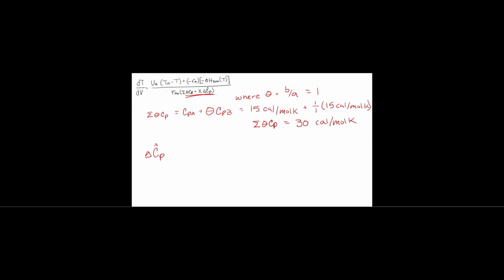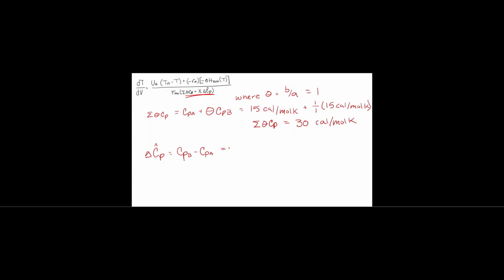So our delta Cp hat is going to be equal to Cpb minus Cpa. We're only looking at the Cp of B and A because A and B are the only two things entering our reactor. There is no C within our entering stream.